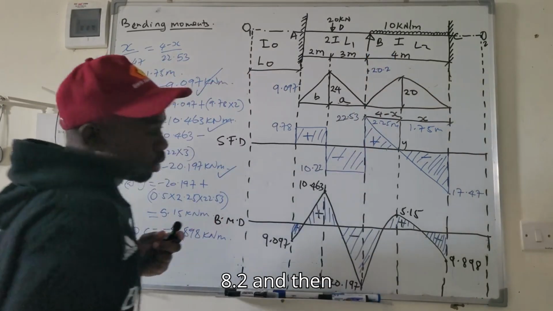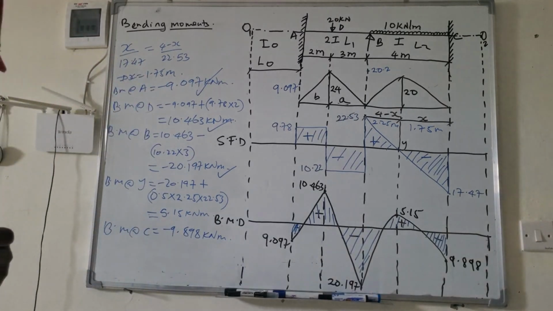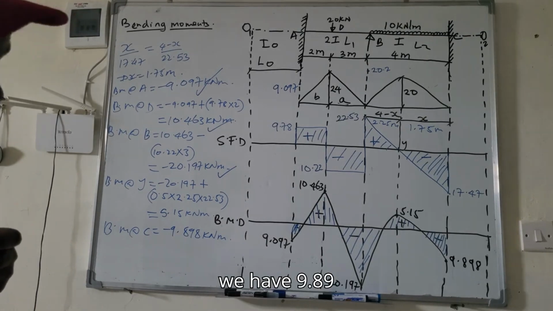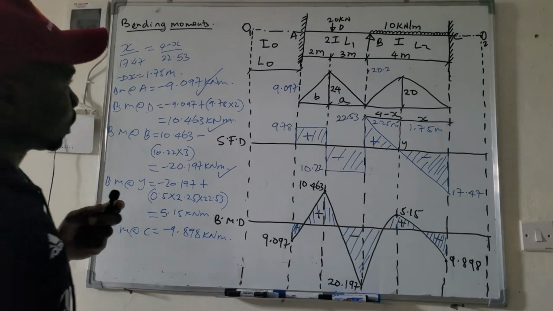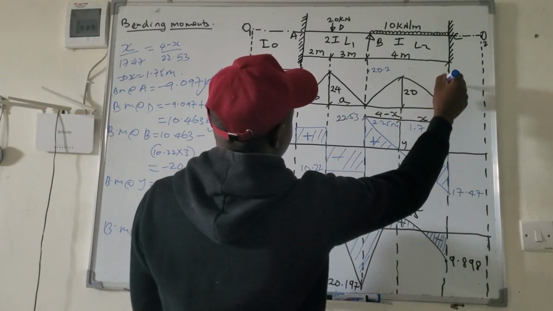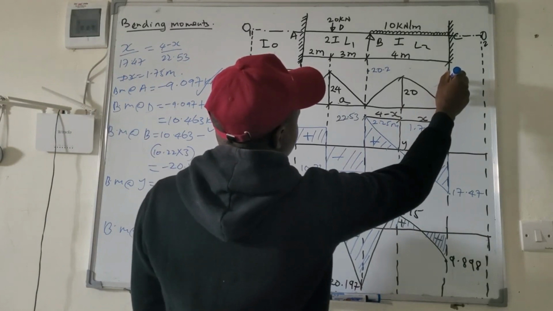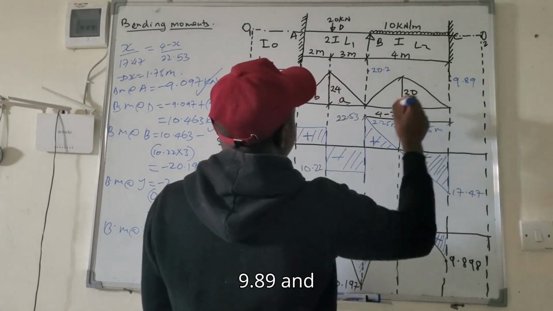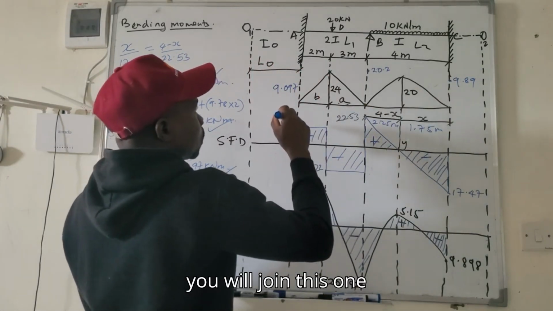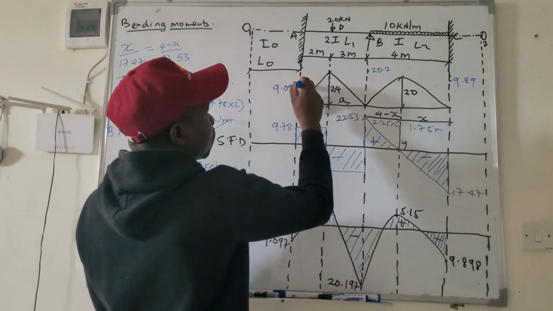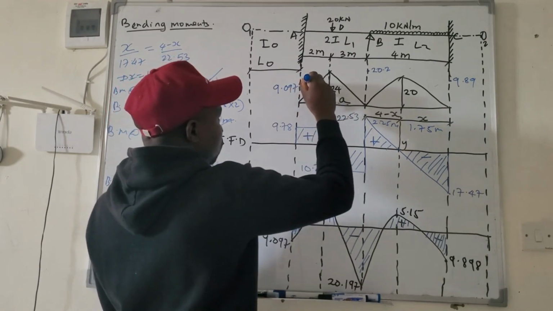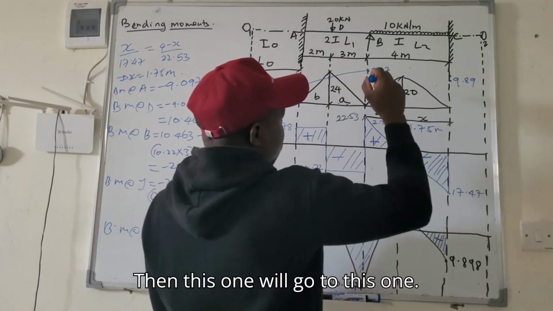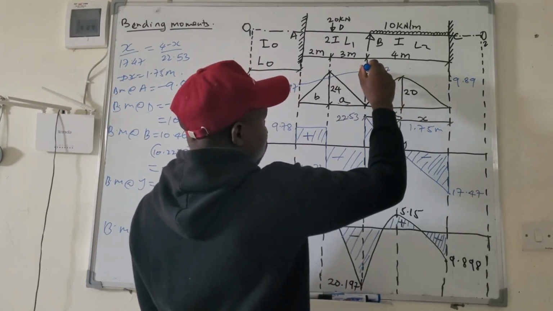And then we have 9.89. You will join this one to this one, and then this one will join to this one.